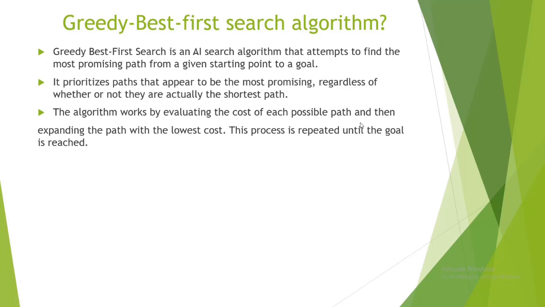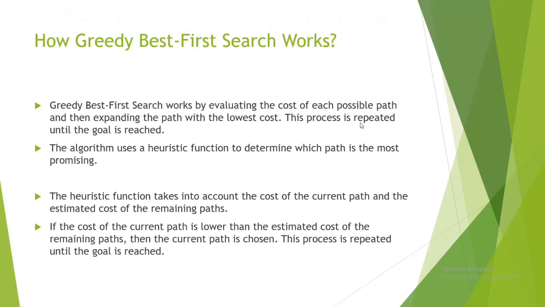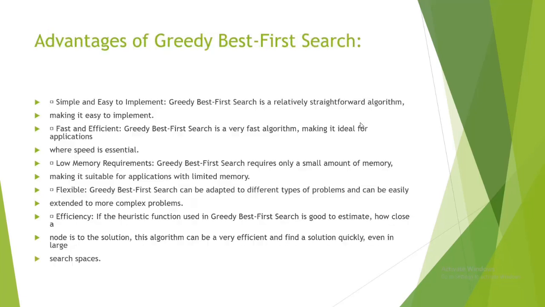This process is repeated and a heuristic function determines which path is most promising. The heuristic function takes into account the cost of the current path and the estimated cost of the remaining path. If the cost of the current path is lower than the estimated cost of the remaining paths, then the current path is chosen. This process is repeated until the goal is reached.